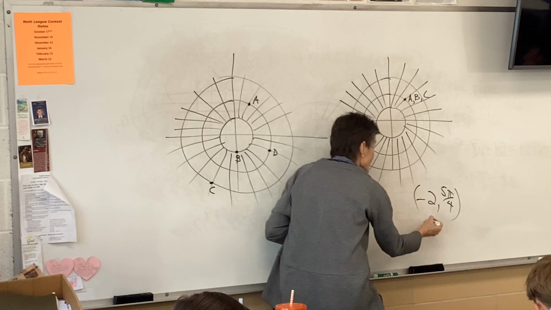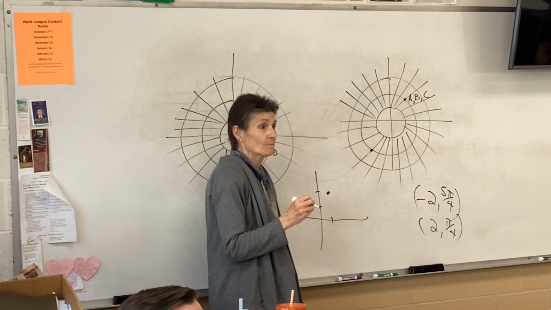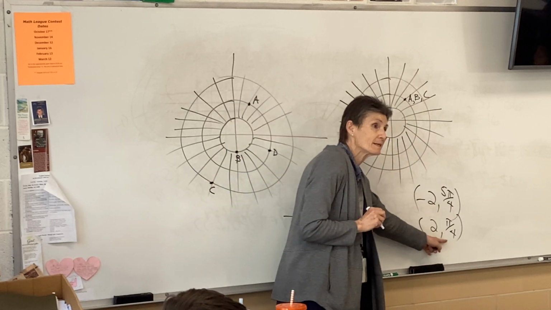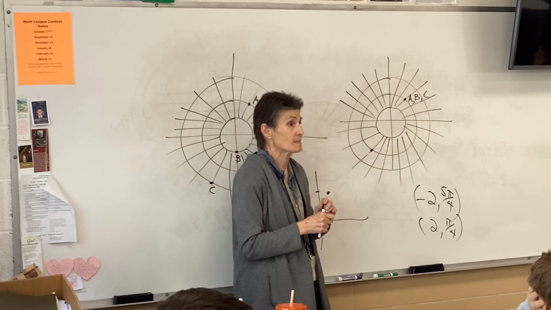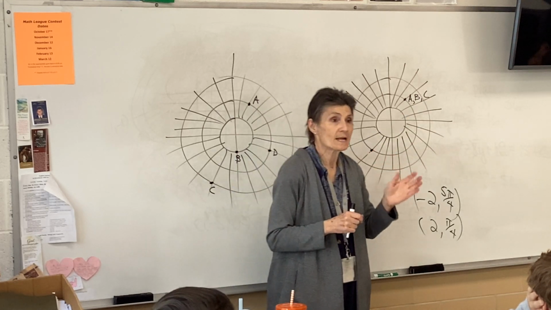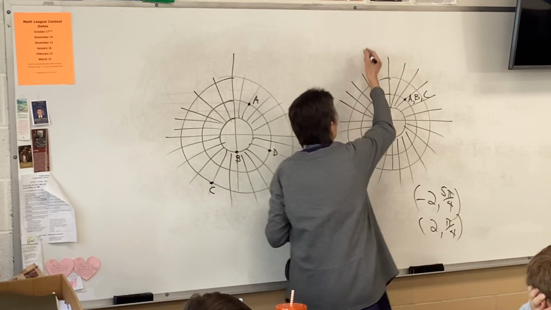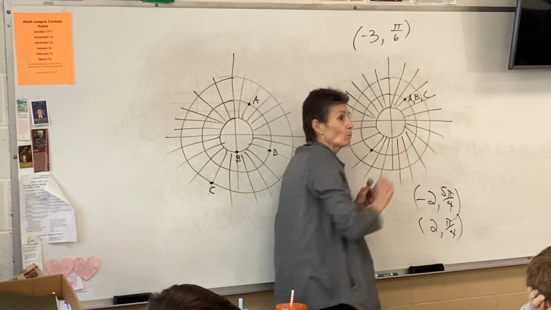So that point is actually plotted the same place as these. A negative radius means 180 degree reflection. Okay? So if you were going to plot -3, pi over 6, where would it end up?